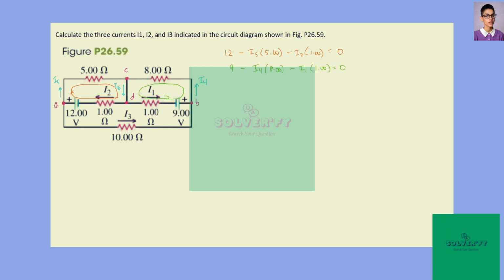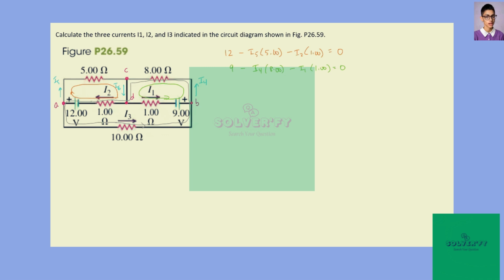Looking at how I1 and I3 are going to come together to make I4, and in order to avoid having to go backward through any batteries, I took, maybe gray will work, I came across I3 up the outside of the circuit through the 8 ohms, down through the middle, through the 1 ohm resistor on the left and then through the 12-volt battery, although I actually started at the battery coming up with this loop. So here's my third loop.